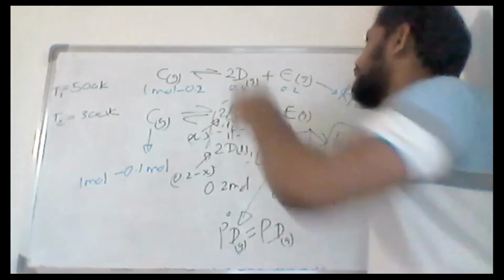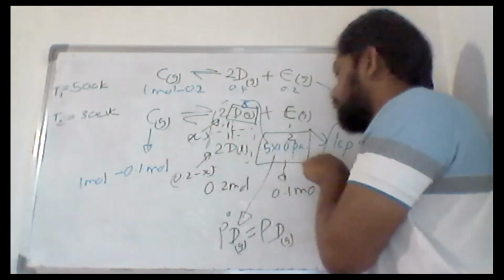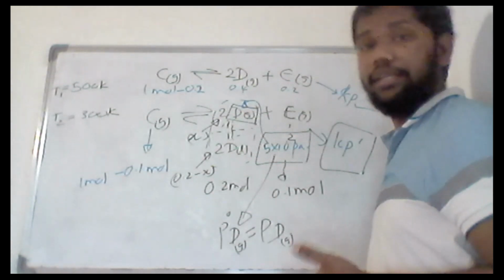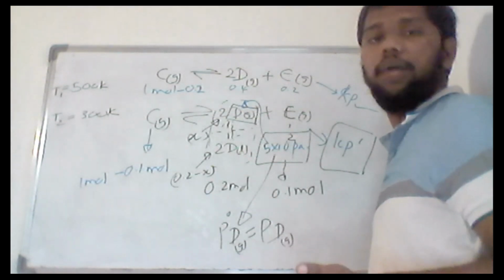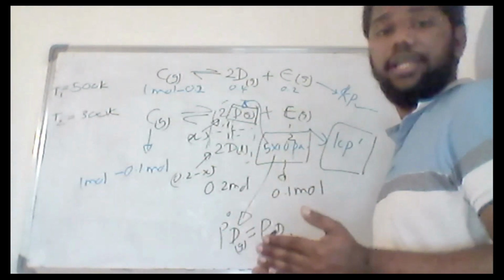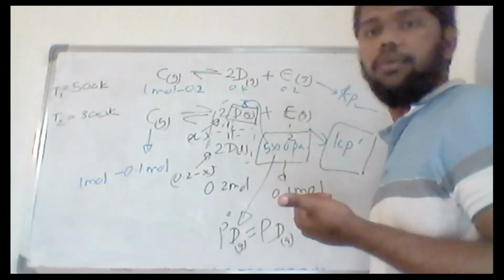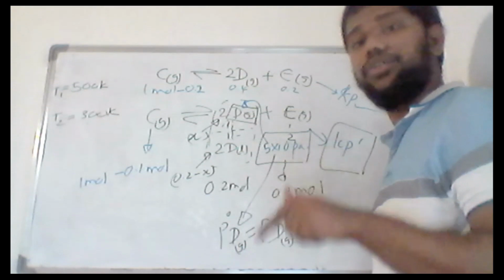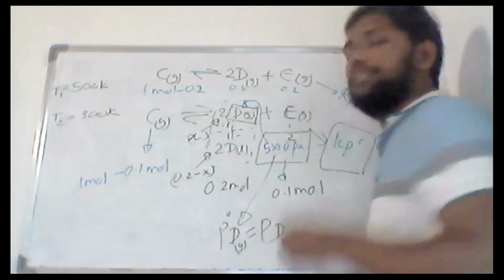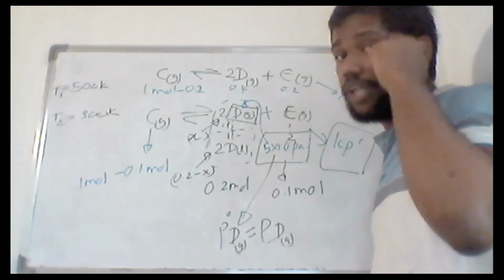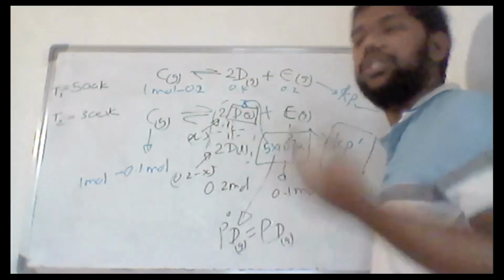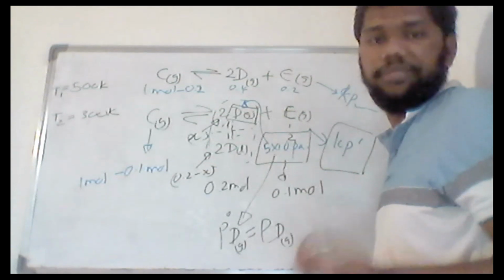If you have two different compounds in liquid and gas, then you need to think about how to find the vapor pressure using the saturated vapor pressure and mole fraction. But here only D is in the vapor and the liquid, so the mole fraction is only D, there is no other compound. So the saturated vapor pressure should surely be equal to its vapor pressure.